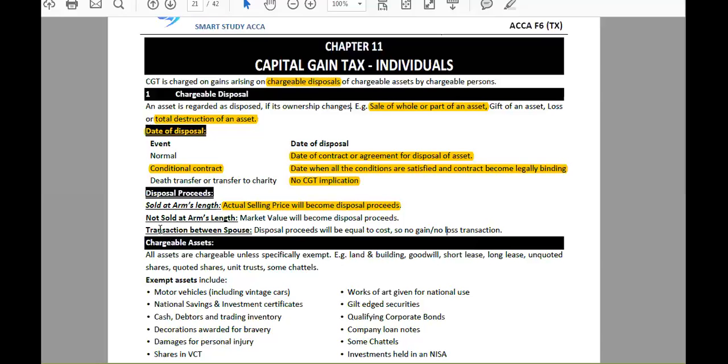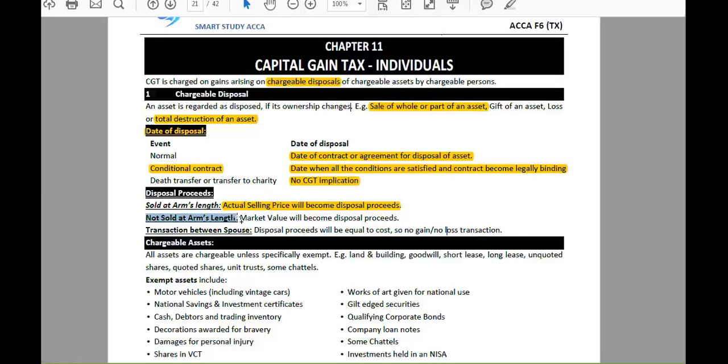The next one is not sold at arm's length. If we have not sold an asset at market value, this is the example of a gift. So in these situations, what would be the selling price? Friends, please keep in mind, there are two types of gifts.